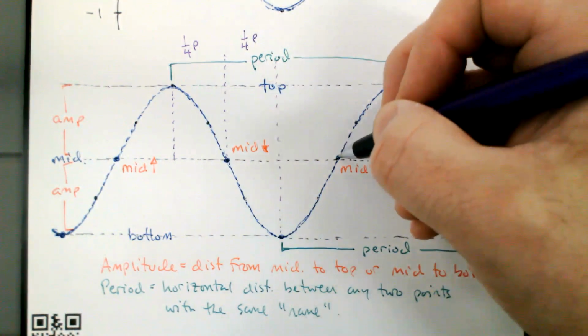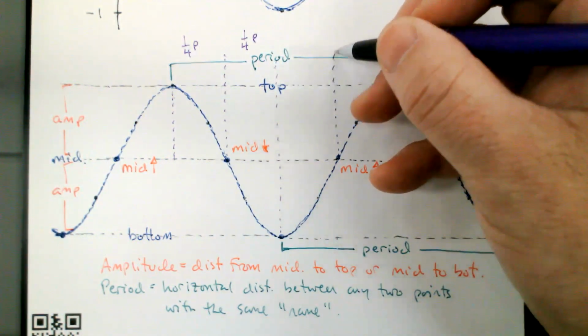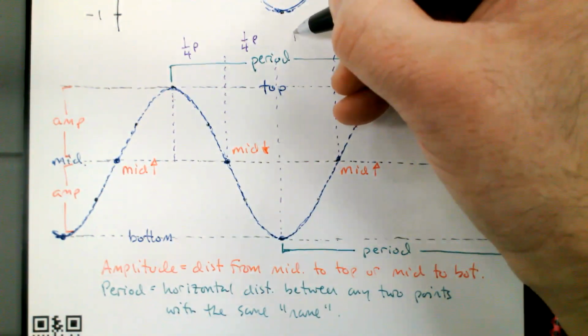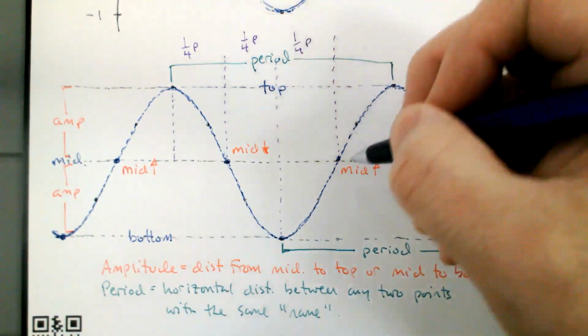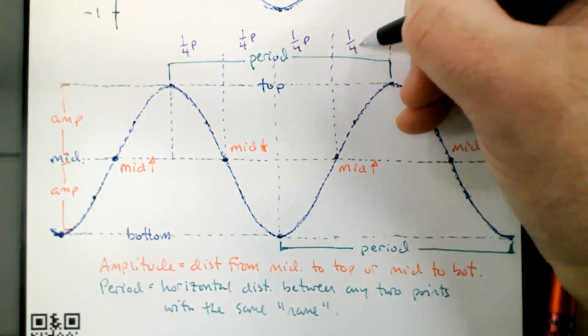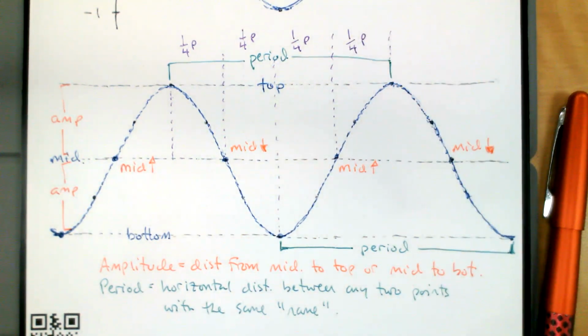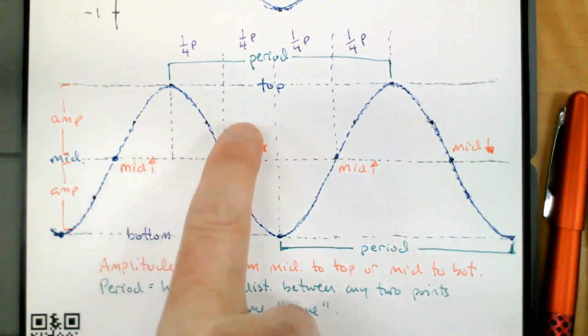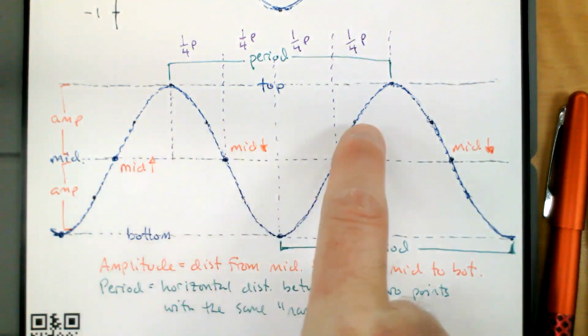From the bottom to the middle going up, that's another quarter period. And from the middle going up back to the top, that's another quarter period. There's 4 of them. They correspond to the 4 quadrants. So for a cosine graph, here we have the first quadrant, the second quadrant, the third quadrant, and the fourth quadrant.